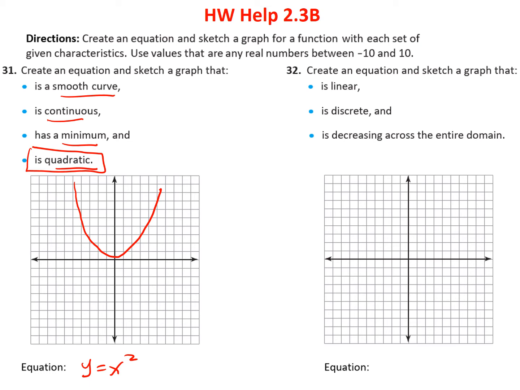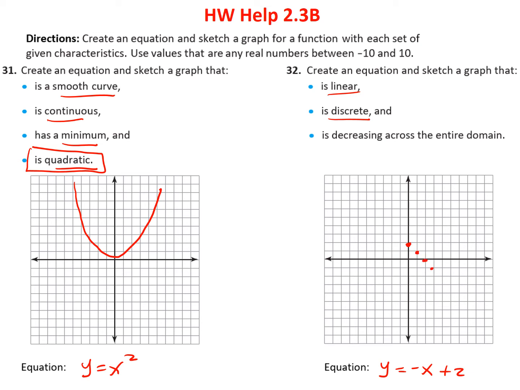Number 32 says it's linear, and notice it's discrete, and it's decreasing. So the linear means it's going to be a straight line. Decreasing, it's going to go down that way. So for example, I'm going to create the equation y equals minus x plus 2, which means it goes through the line here, and then it goes down 1 and over 1.